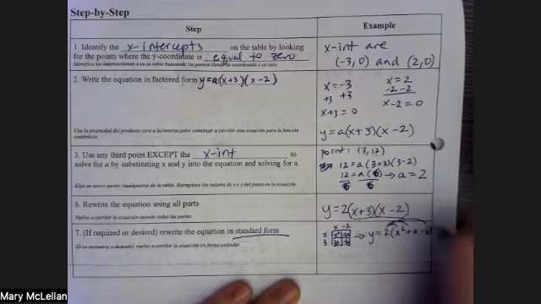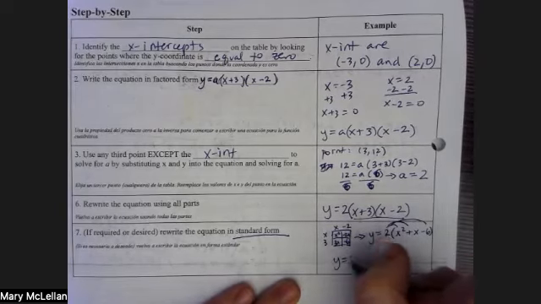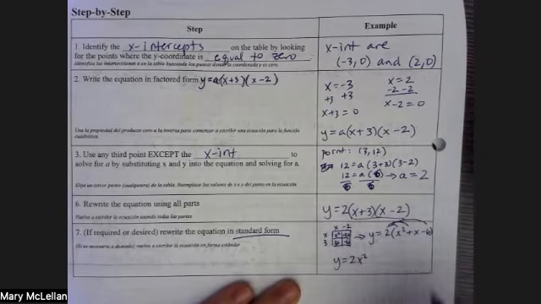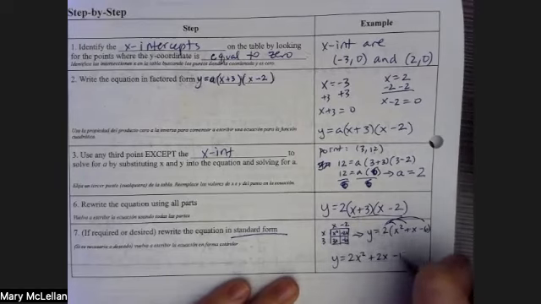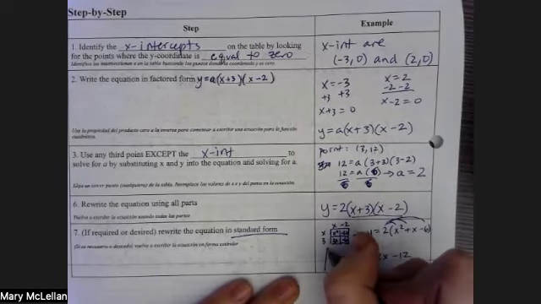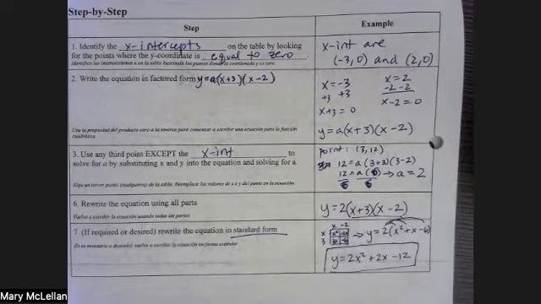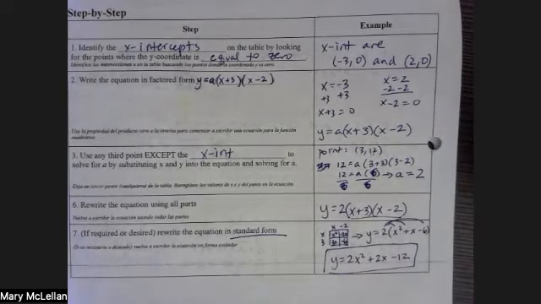And multiply each term by 2, and I get y equals 2x squared plus 2x minus 12. And that's my final answer. Done. And that's how you write an equation from a table. Next page.